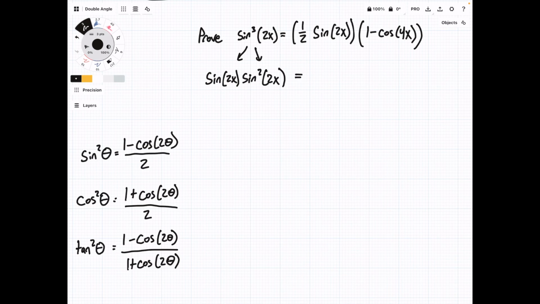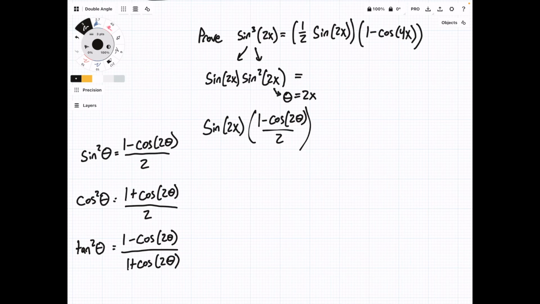Then we should see that we have a sine squared, so we can substitute in our reduction formula. This is going to be sine of 2x times 1 minus the cosine of 2 theta over 2. In this case, I left it in terms of theta because we want to point out that theta here is equal to 2x.